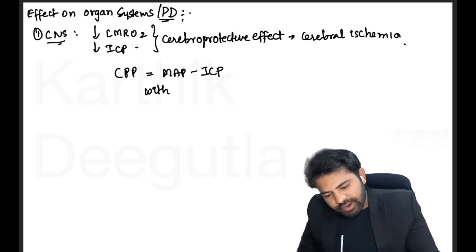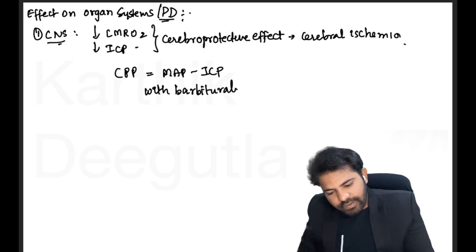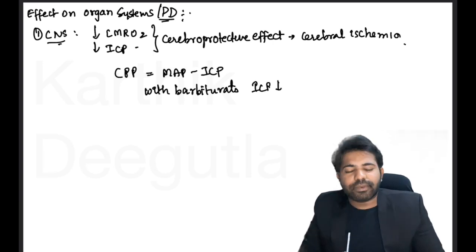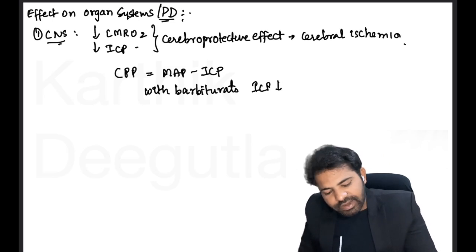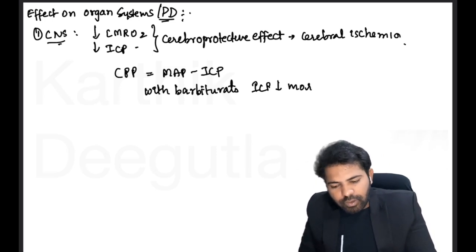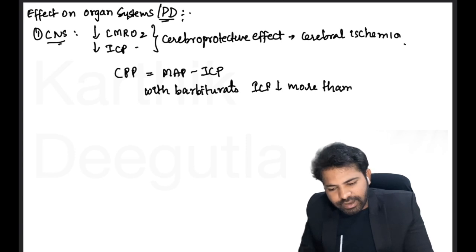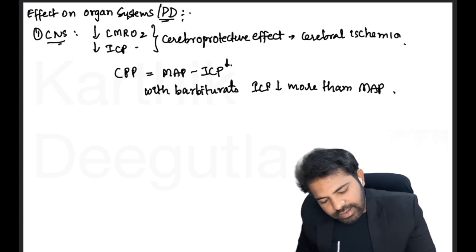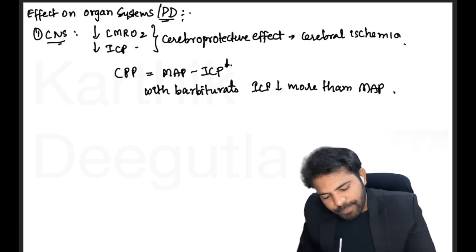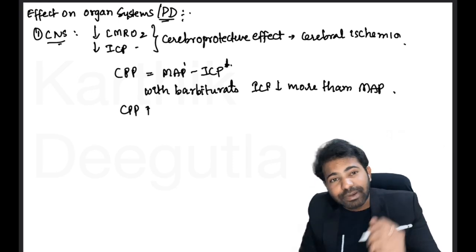Now with barbiturates, the ICP decrease is more than the MAP decrease. MAP is mean arterial pressure. If ICP decreases more than MAP, then automatically the cerebral perfusion pressure is increased, or it is preserved.